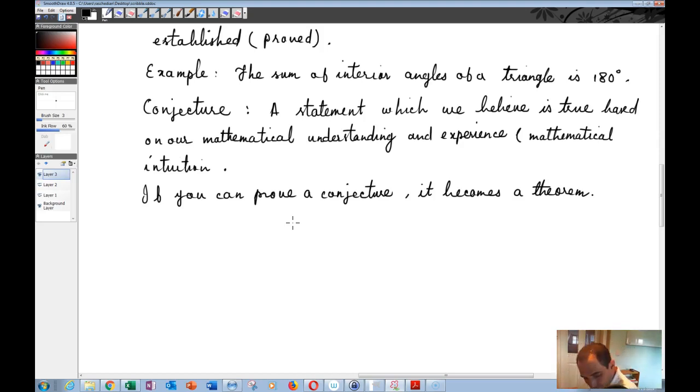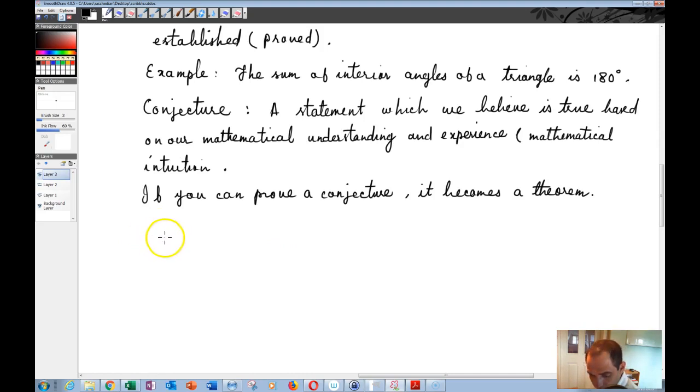For example, let's say that in some problem you're working on even numbers. Take any 3 consecutive even numbers.